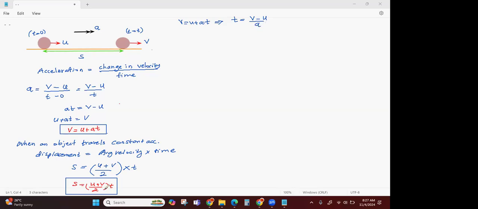So in this equation, I'm substituting for t. I write, substitute for t in S equals u plus v divided by 2 into time.